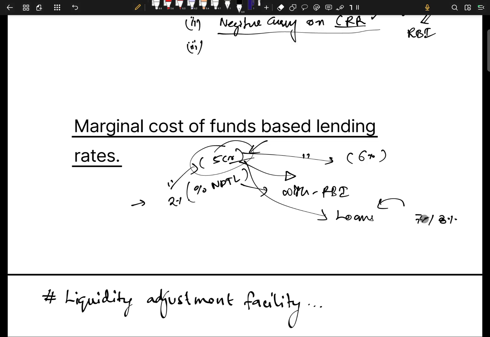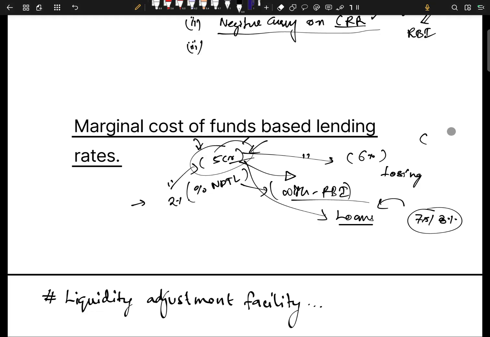So what is happening here? The banks are losing some money that they could have made by giving out loans, right? But there is no money that can be made because that percentage of NDTL is with the RBI.